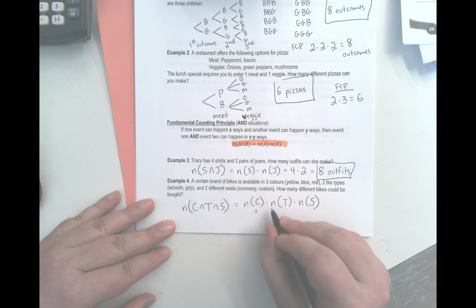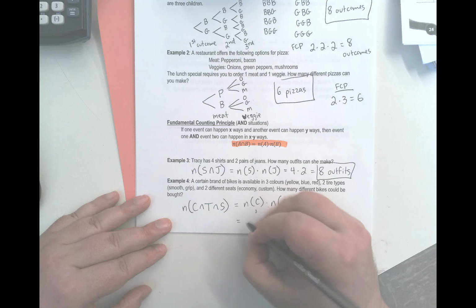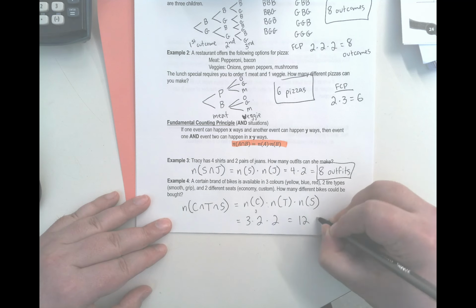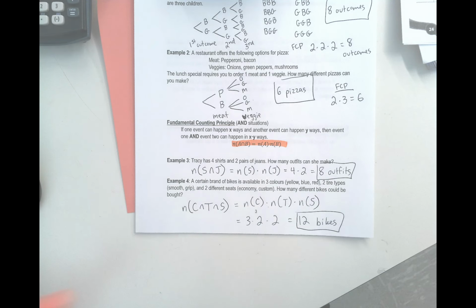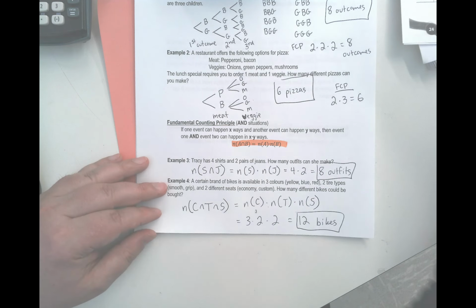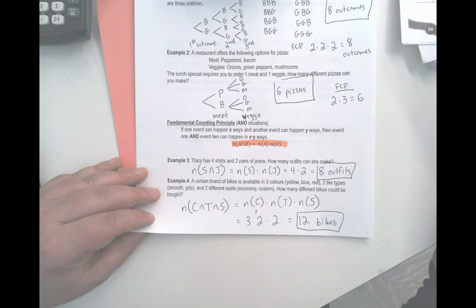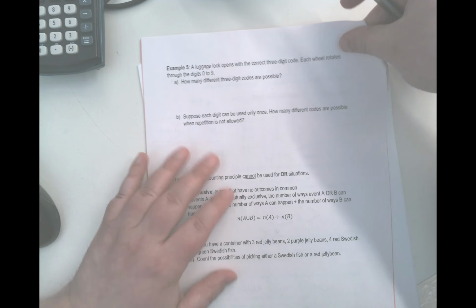So the number of colors times the number of tires times the number of seats, which is 3 times 2 times 2, which is 12 bikes. Right, so I think it's pretty straightforward so far. The fundamental counting principle is just how many things of each thing are there. You multiply them together.